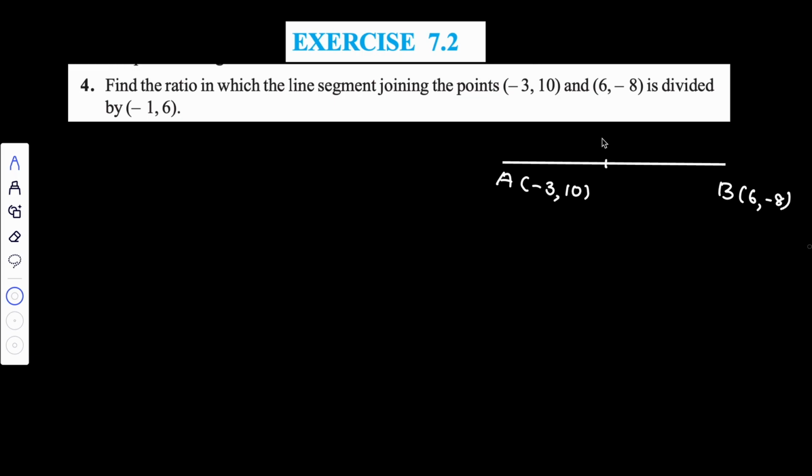And B is (6, -8). It is divided by a point P that is (-1, 6) in the ratio m1 is to m2. So we'll write here: let A (-3, 10) and B (6, -8) be divided by P (-1, 6) in the ratio m1 is to m2.